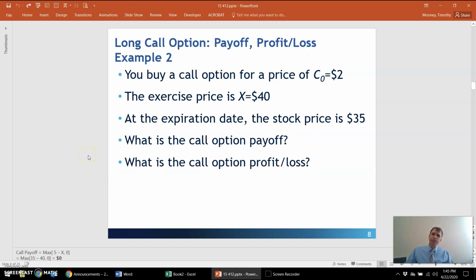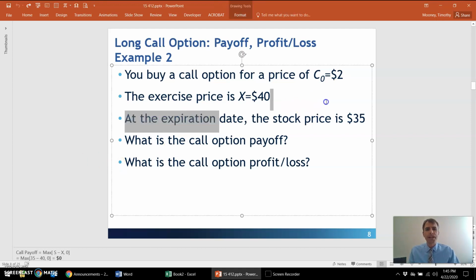This next example is a call option where we pay $2 for it. That's the price of the call option. And then the strike price, we have the option to purchase a share of stock for $40 a share. But when the option expires, the price is only $35. So if we were to exercise this option, it would have a negative payoff. We would exercise an option and pay $40 for something that's only worth $35 if we turned around and sold it.